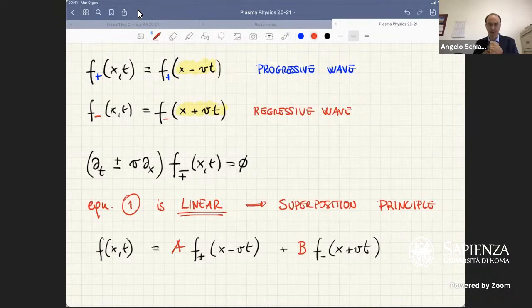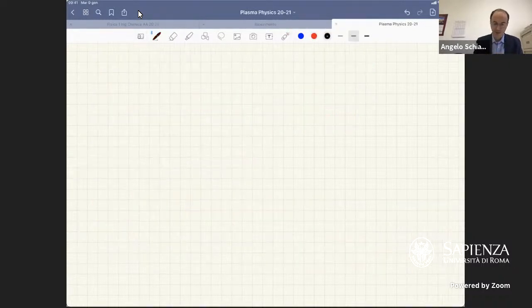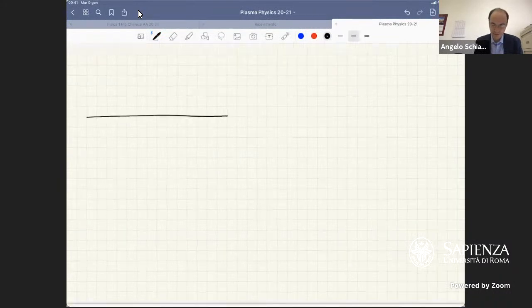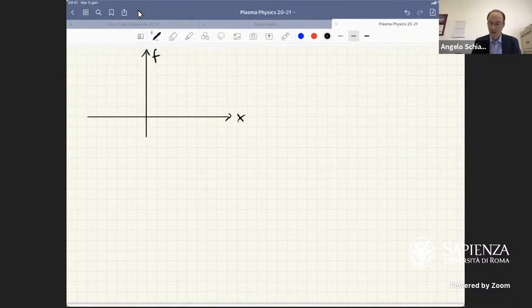So to understand what the progressive wave is, let's focus our attention on just the progressive part, and let's draw this cartoon here. We have that our space is x, and at time equals 0 we have a wave profile, which we call f, and it goes like this, more or less.